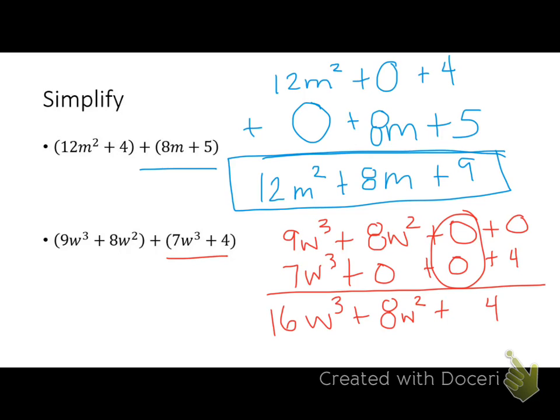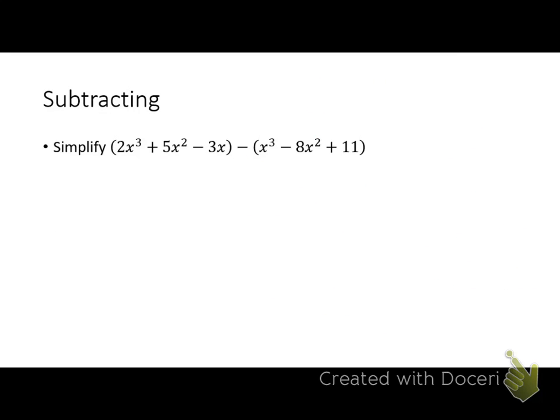So with these, let's go look at subtracting. With the way we did subtracting, this is going to help us when we line them up, like we did back when we used elimination. Okay, so first off, I'm going to line all my pieces up together to make it a little bit easier to work with. So I'm going to have my 2x cubed plus 5x squared minus 3x plus 0 for that linear term.